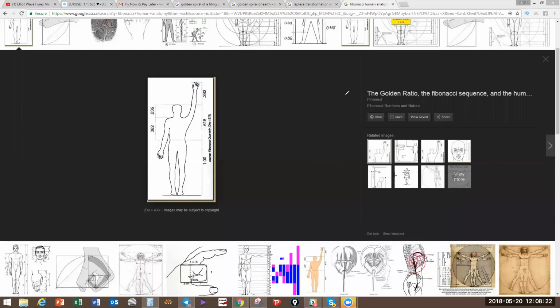So you see here, if this is your midpoint, to your head, if we had to extend here, it will be 61.8% from the tip here. If this is your 100% to your midpoint, you'll find that this is 60%.